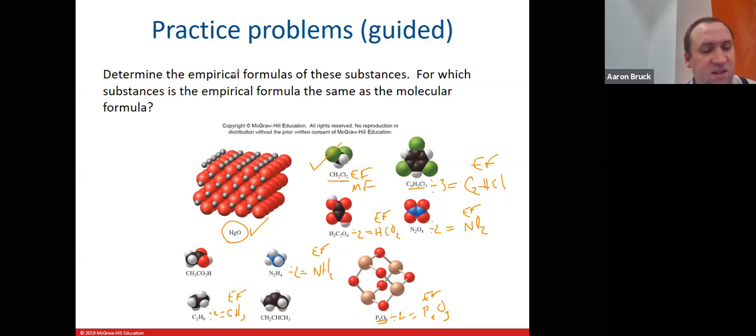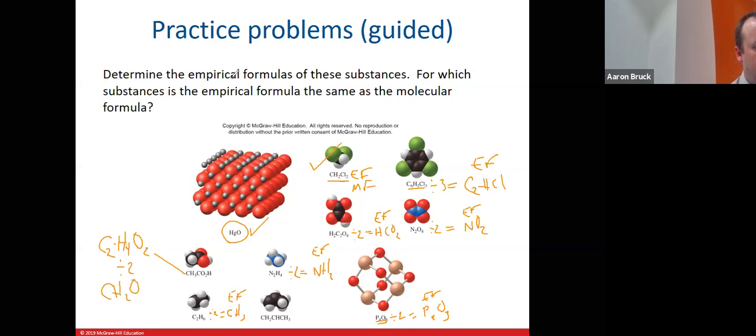Now, I've saved these 2 other ones for last because they're the most complicated. To figure out whether or not I need to reduce these, I have to get them all combined again. So CH3CO2H, I can see I have 2 carbons, 3 plus 1 is 4 hydrogens, and 2 oxygens. Seeing it now written like this, each of those is divisible by 2.